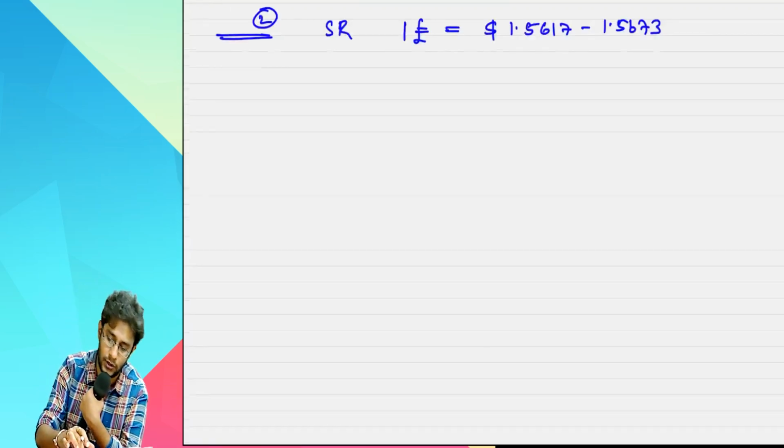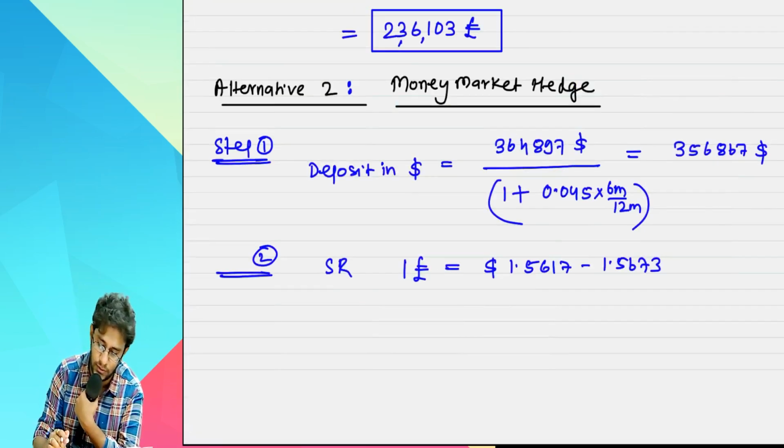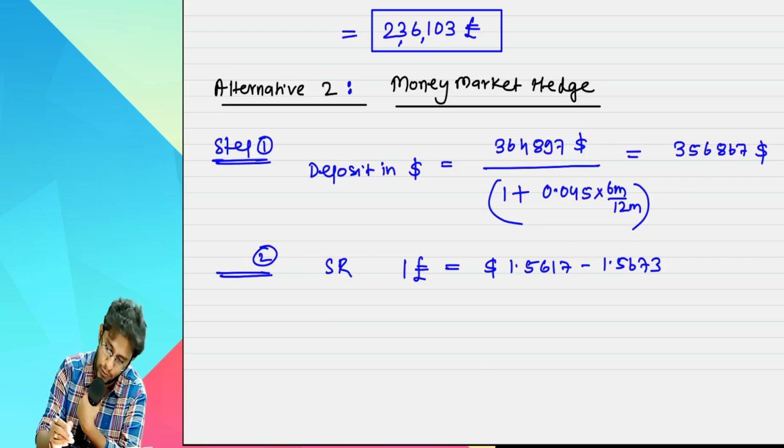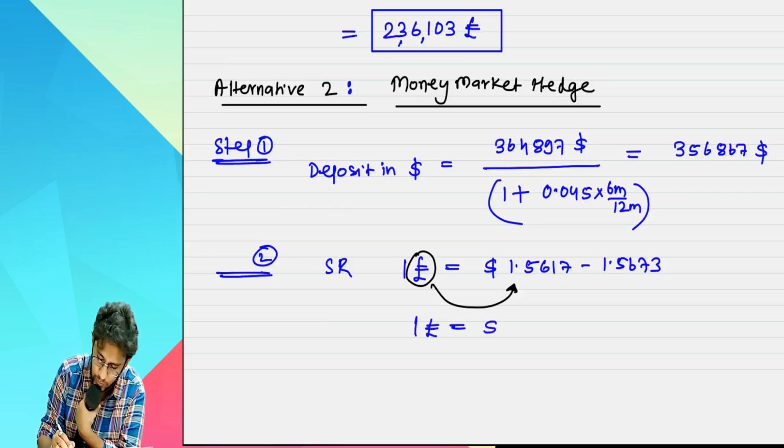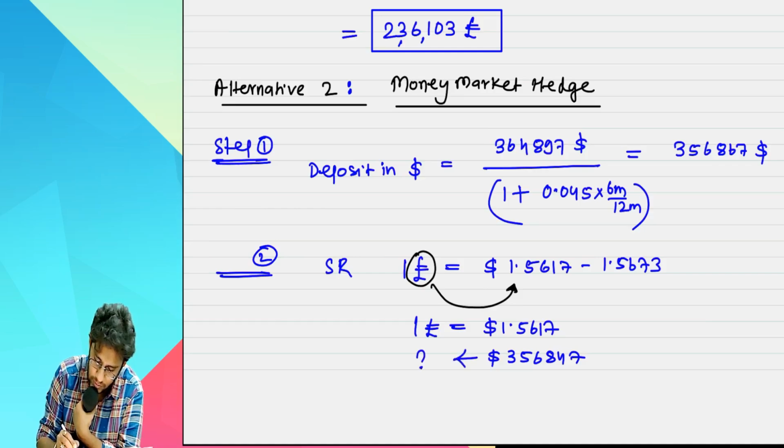Sir, I have to deposit dollars outside, so I have to buy dollars. If I have to buy dollars, I have to give pounds. Quote is given for pound. I am giving pounds, the bank is buying pounds. Bid rate is selected. Or you draw the diagram and feel good. 1.5617. So $356,847.